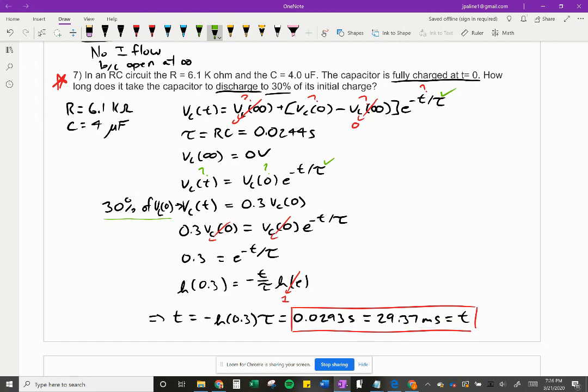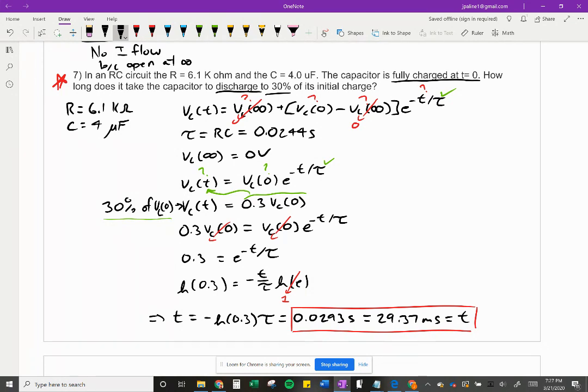So what we can do is say V of C at a time is 0.3, 30% of our initial charge, initial voltage. If we take this and plug it into the equation, we can update our problem and effectively get rid of the V of C initial.